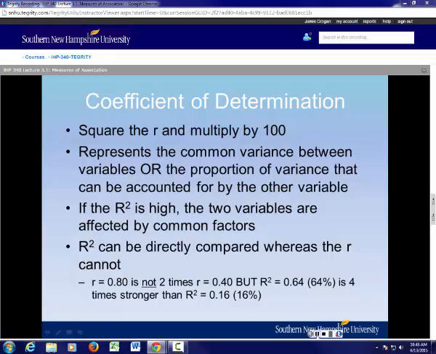So you take the 0.8 and square it, and it becomes a 0.64. You take the 0.4 and square it, and it becomes a 0.16. And so the reality is that the 0.64 is 4 times stronger than the 0.16. Okay, and that's a very different scenario than if you were to just try to compare the R's directly.